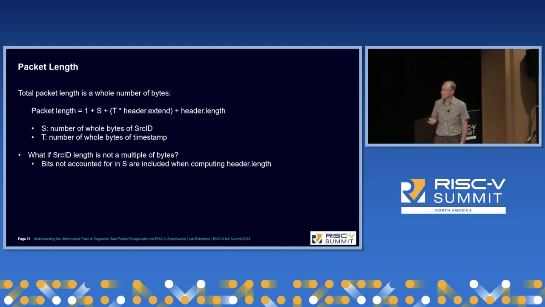So effectively you can, if you like, borrow some bits from the payload length in order to account for any odd bits of the source ID. This means you're not mandated to have source IDs which are bigger than you need, so that you can get the most efficient bandwidth utilization out of your trace infrastructure. There's more details on how this is worked out if you look in the specification itself.